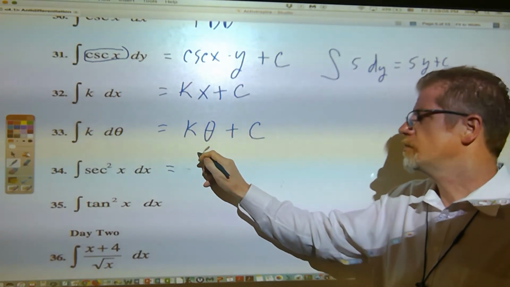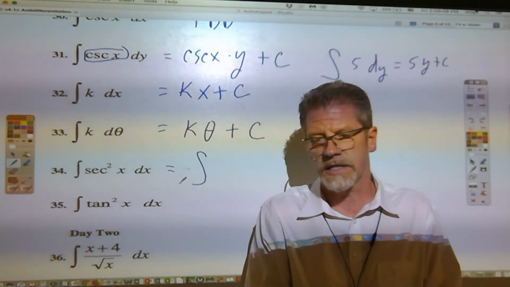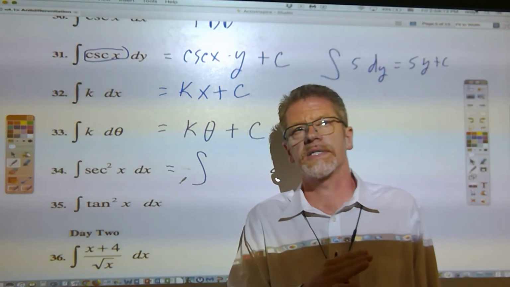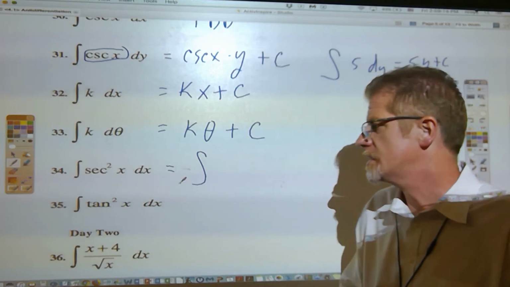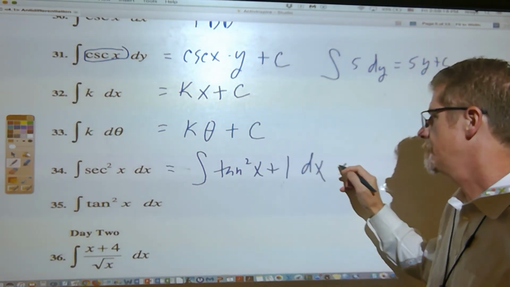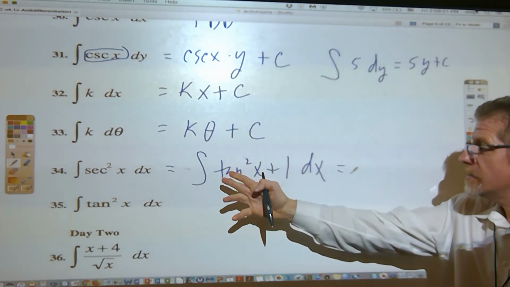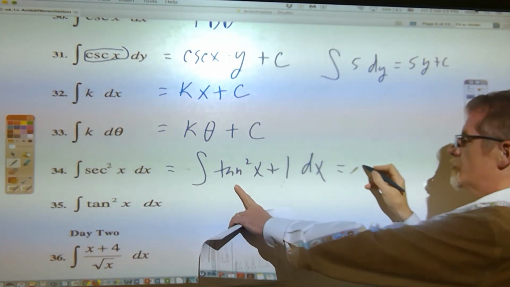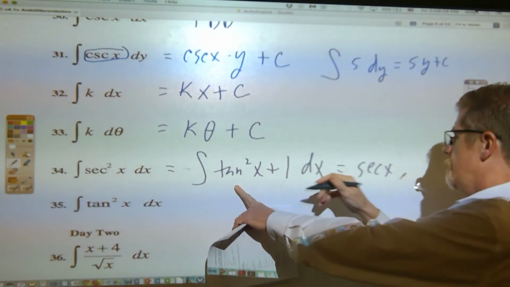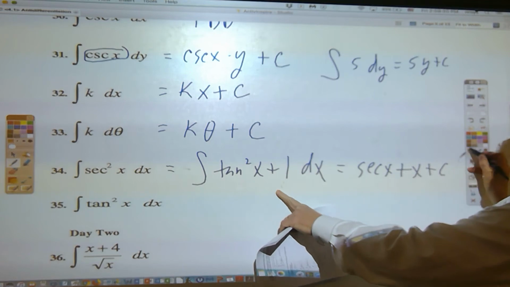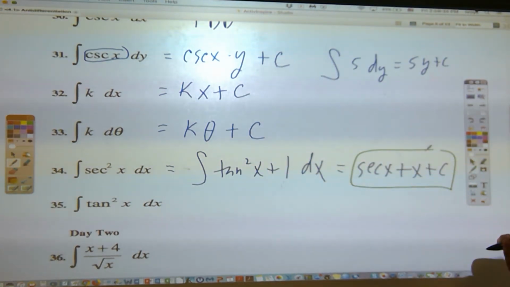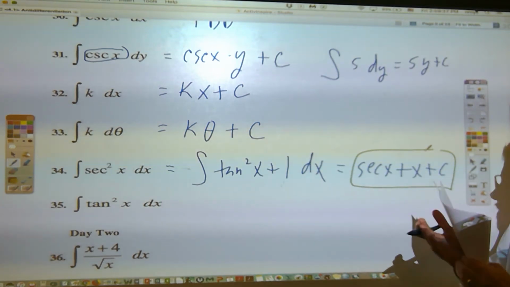So, can't we rewrite secant squared x as tangent squared x plus 1 dx? And we know this one. We know a function, secant x. Its derivative is tangent squared plus x plus c.